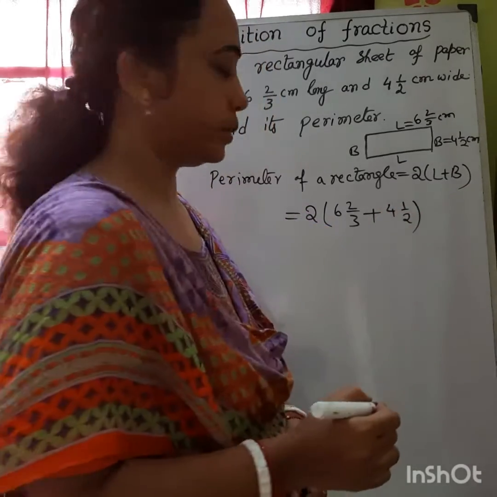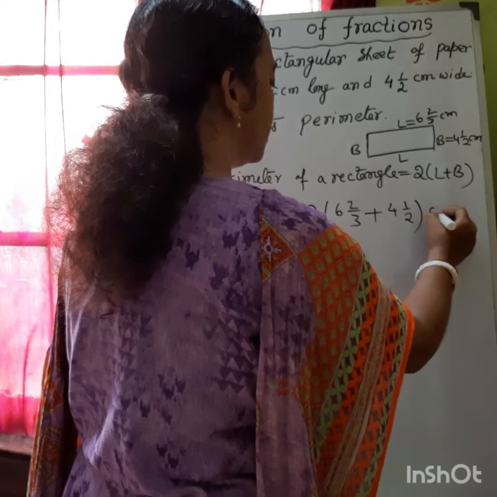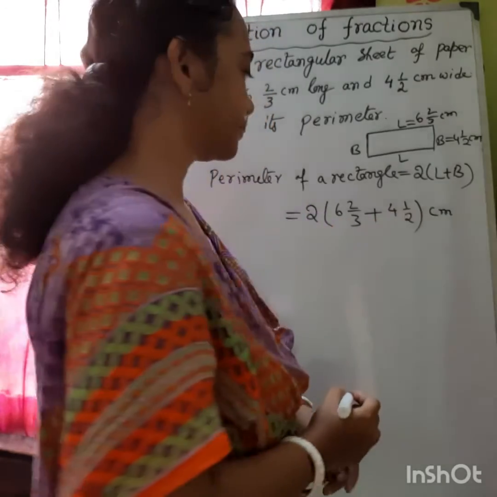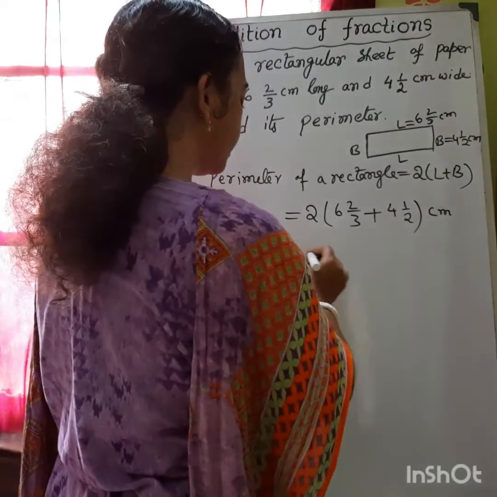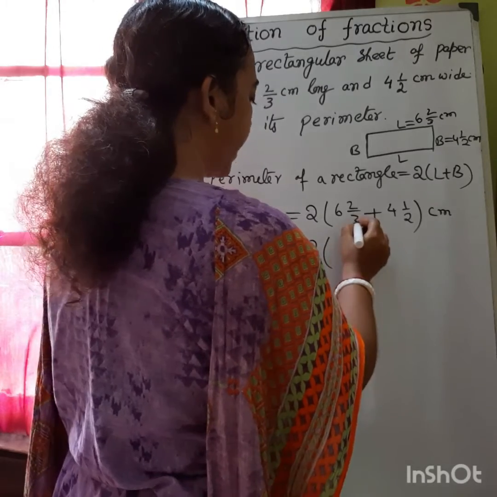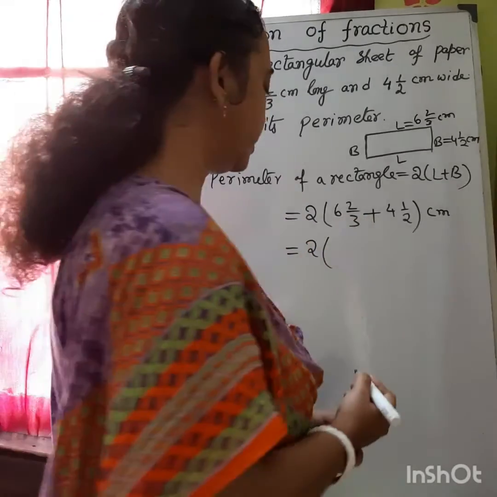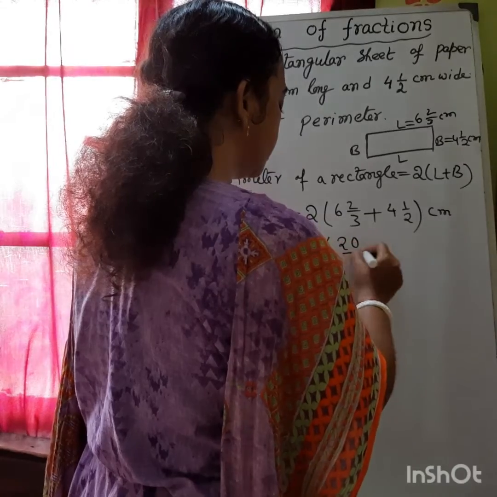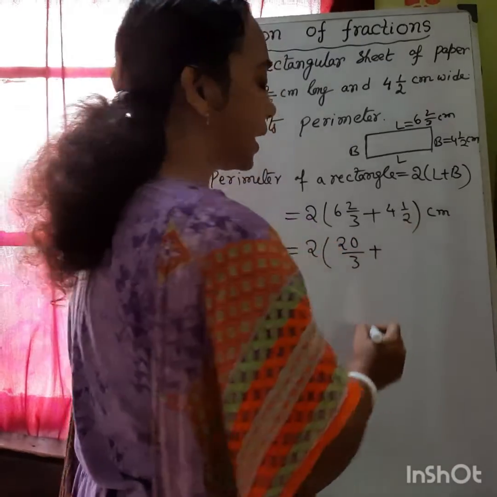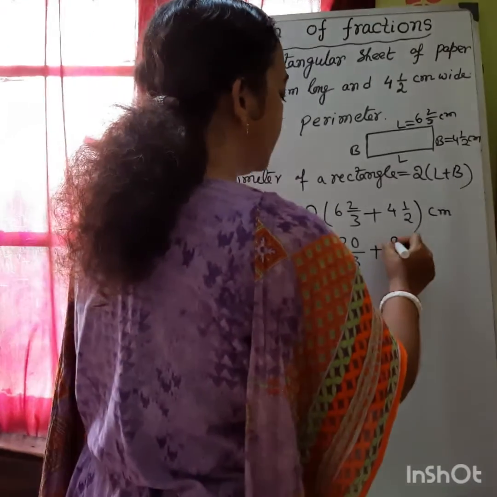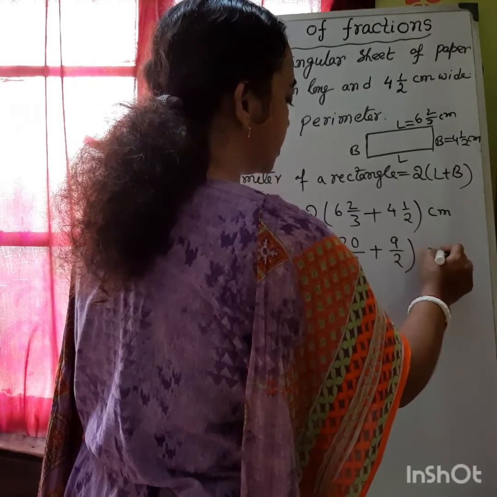As both are in centimeter, so we write the centimeter here. Now we convert each of the mixed fractions to an improper fraction, that is 6 3s are 18 plus 2, 20 by 3, plus 4 2s are 8 plus 1, 9 by 2, then centimeter.